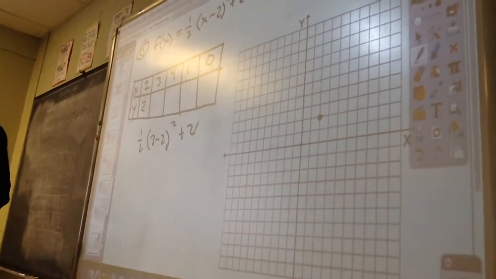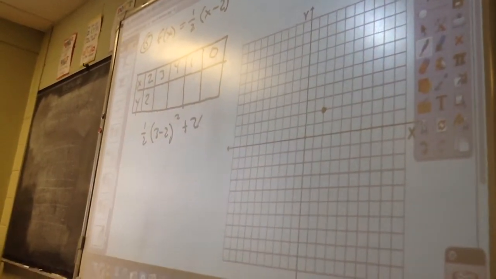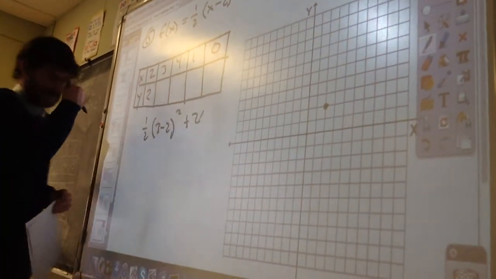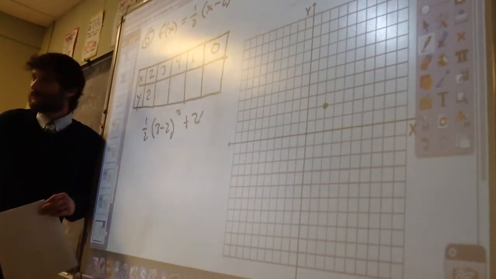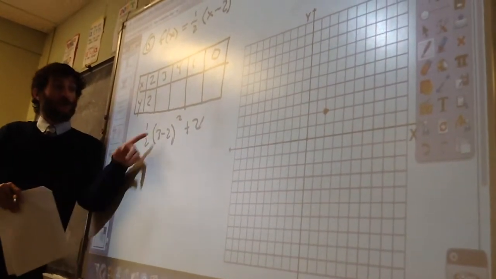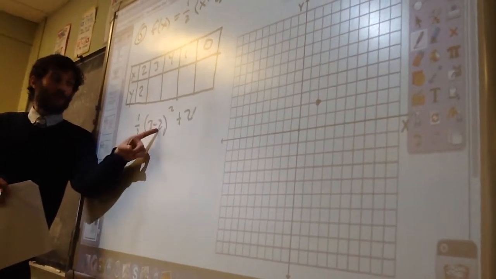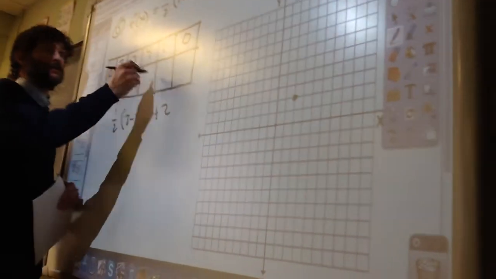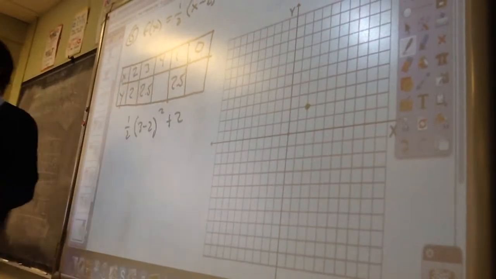You should punch this in. You got 2.5? That's what I got. 3 minus 2 is 1. 1 squared is 1. 1 times a half is a half. And a half plus 2 is 2 1/2. That means both of these are going to be 2 1/2.